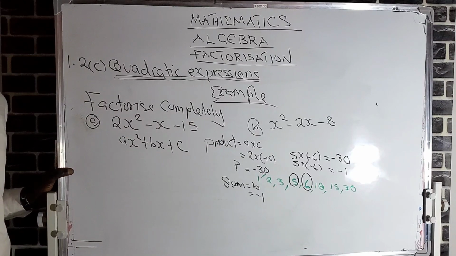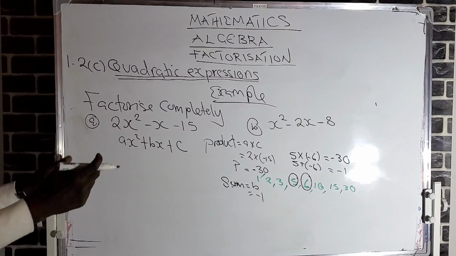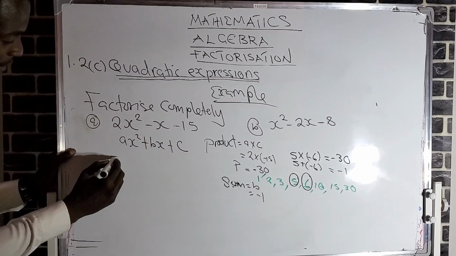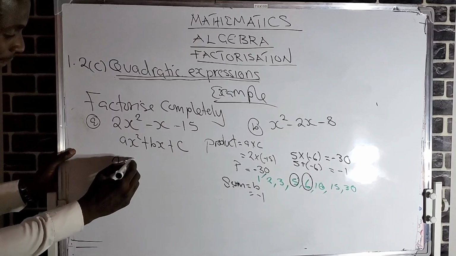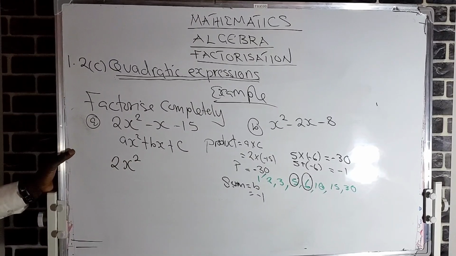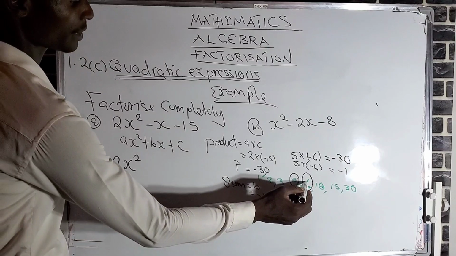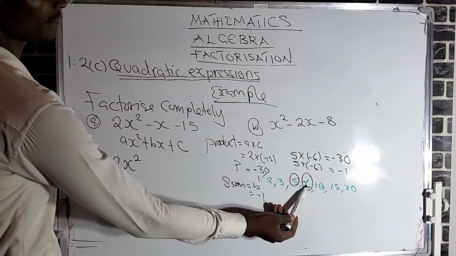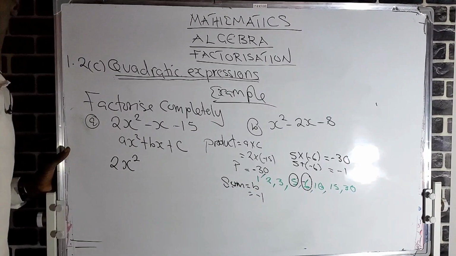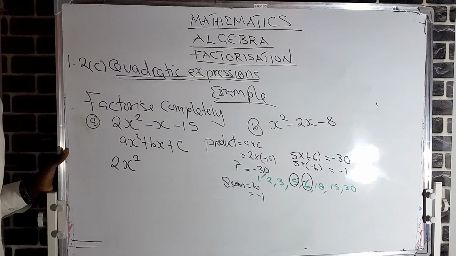What is the next step? We replace B with those two factors, right? Yes. So I'm going to copy this the way it is as 2x squared. Which one am I starting with? You can start with any factor, right? Yes.